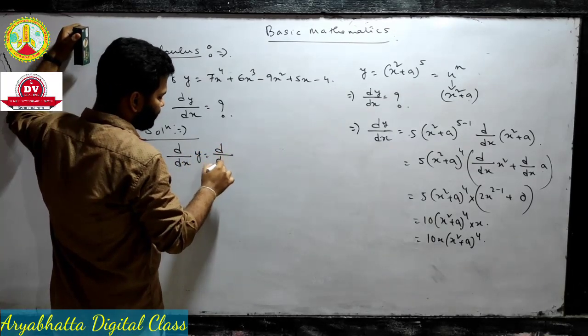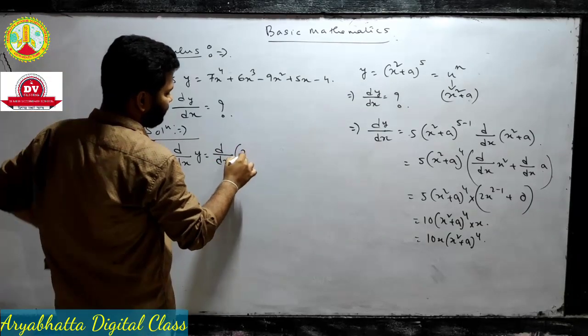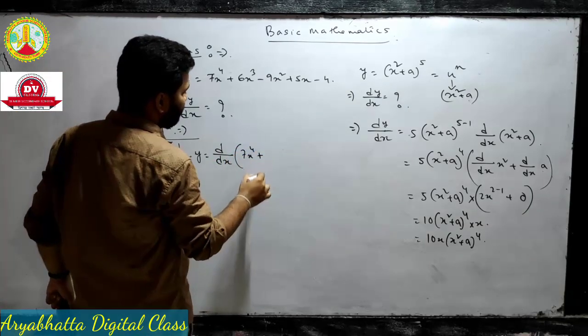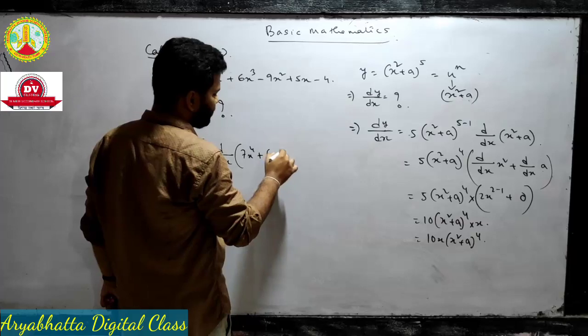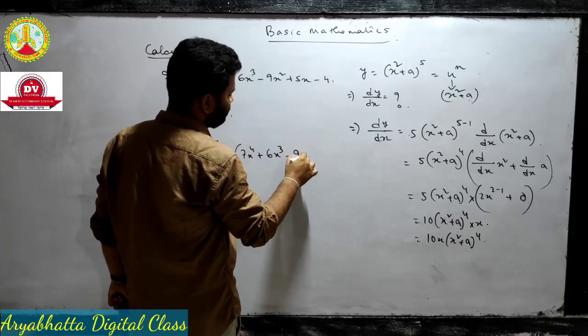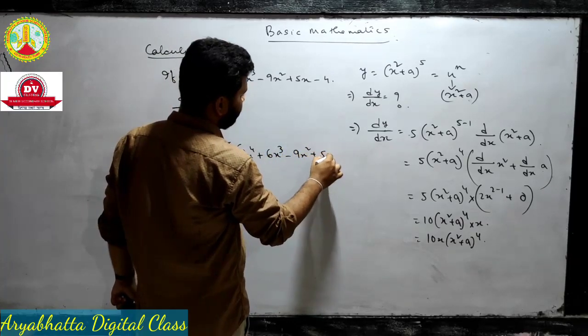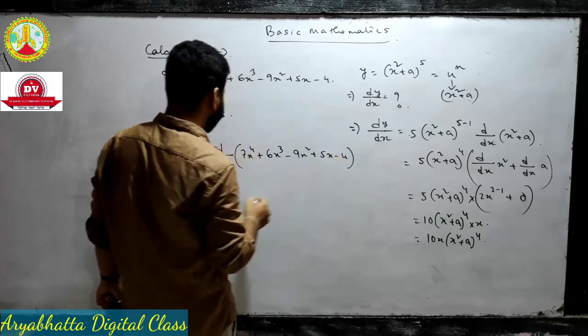It means d/dx of 7x to the power 4 plus 6x cube minus 9x square plus 5x minus 4.